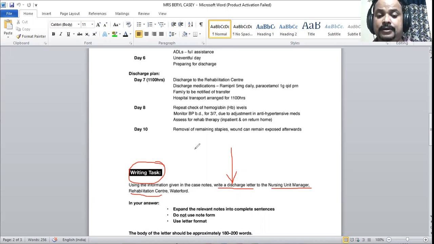Actually, we are discharging the patient to a rehabilitation center at Waterford, and the letter you are writing is to the nursing unit manager. So this gives you an idea what exactly should be included in this particular task.